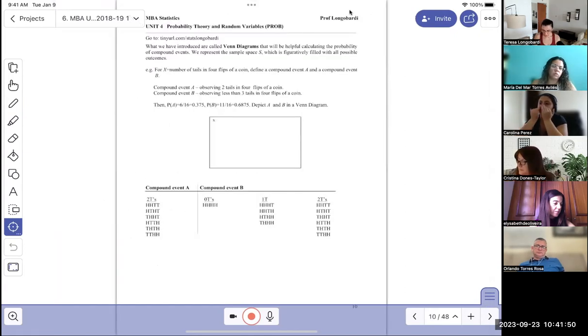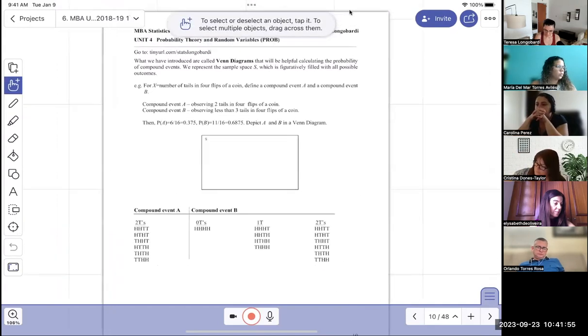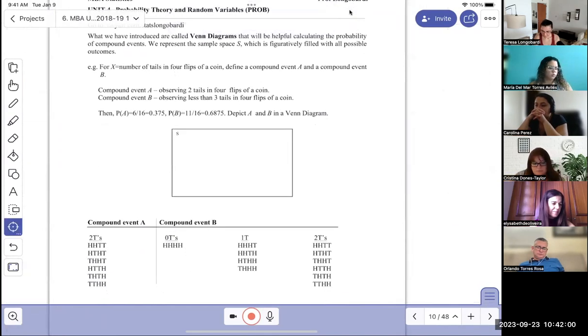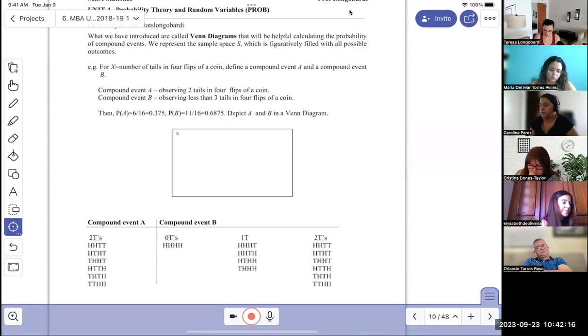Okay, so this is the 5th drawing. And I use the example of the ways that you can see 4 flips of a coin and the variable number of tails.